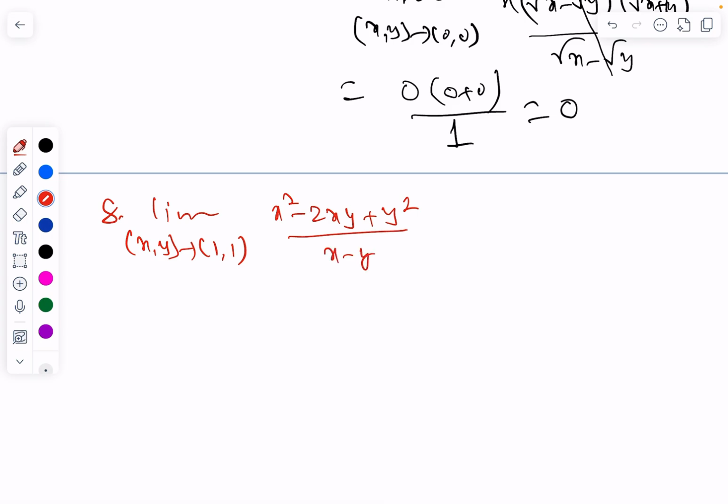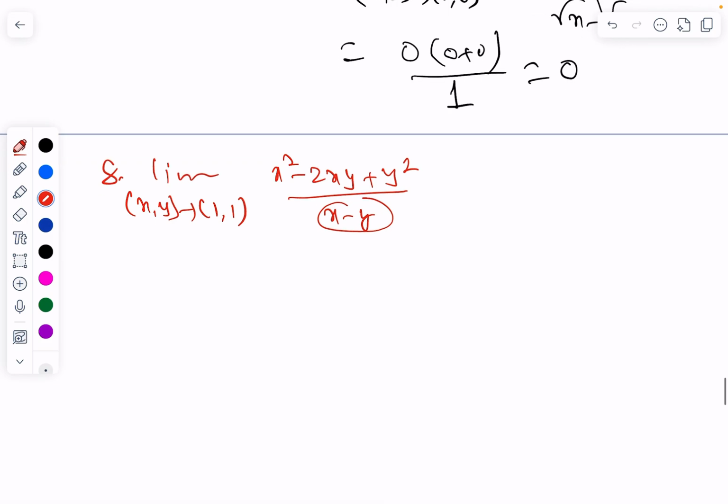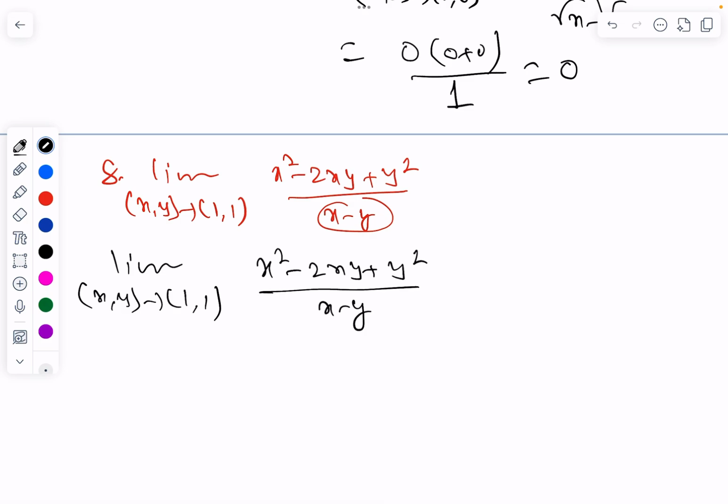Of course, here x is not equal to y, then only we can write this. So the limit (x, y) tends to (1, 1) of x square minus 2xy plus y square over x minus y. This is nothing but (x minus y) square over x minus y.